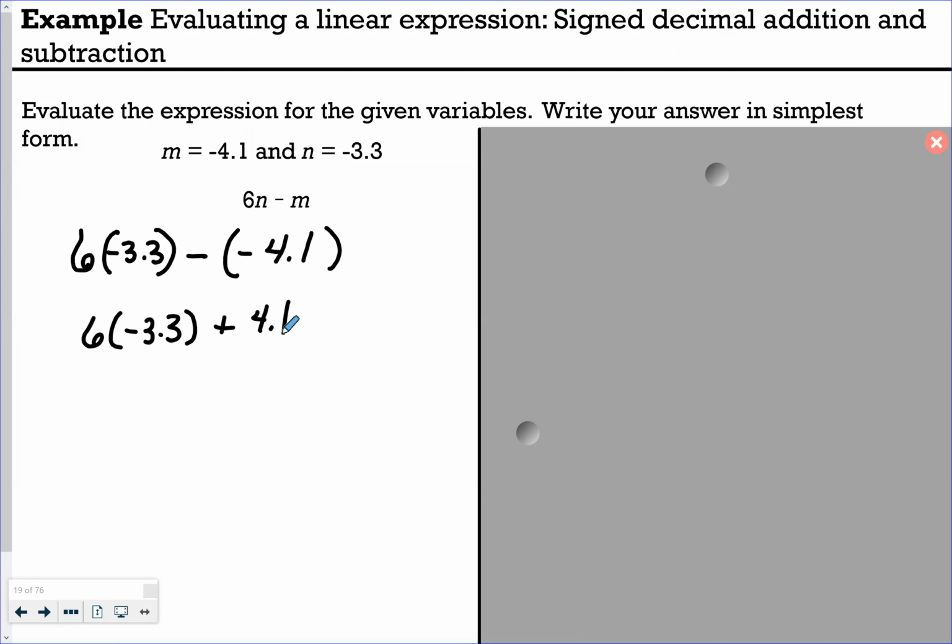Now our order of operations says we want to multiply here. So I'm going to multiply the 6 to the negative 3.3. Since we're not using a calculator, let's show our work here. So I'm going to write the negative 3.3 first. Notice how you do not have to line up by place value when you're multiplying.